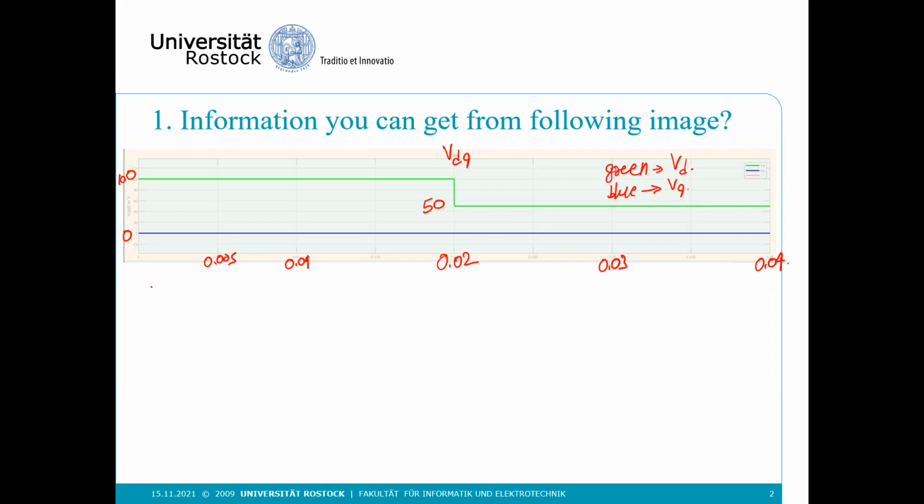So you have a voltage drop in ABC. And that could be at t equal to 0.02. So there is a step in the voltage, right?